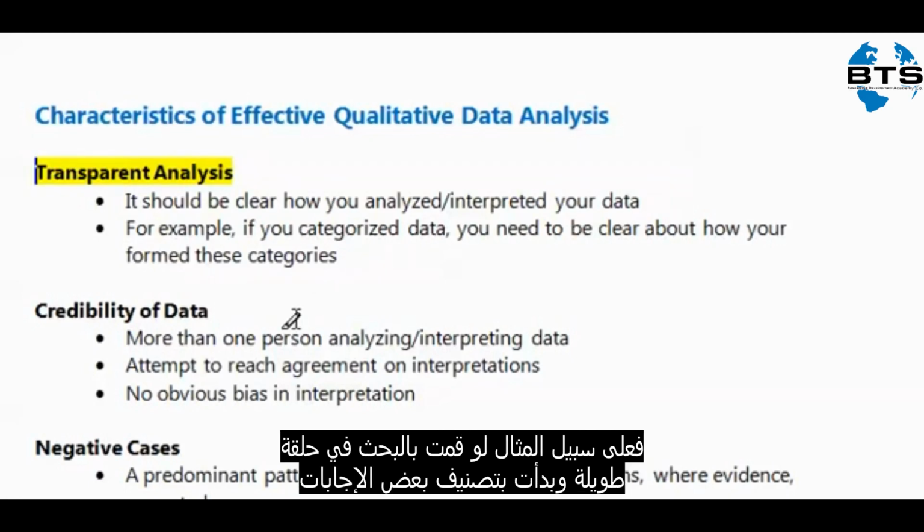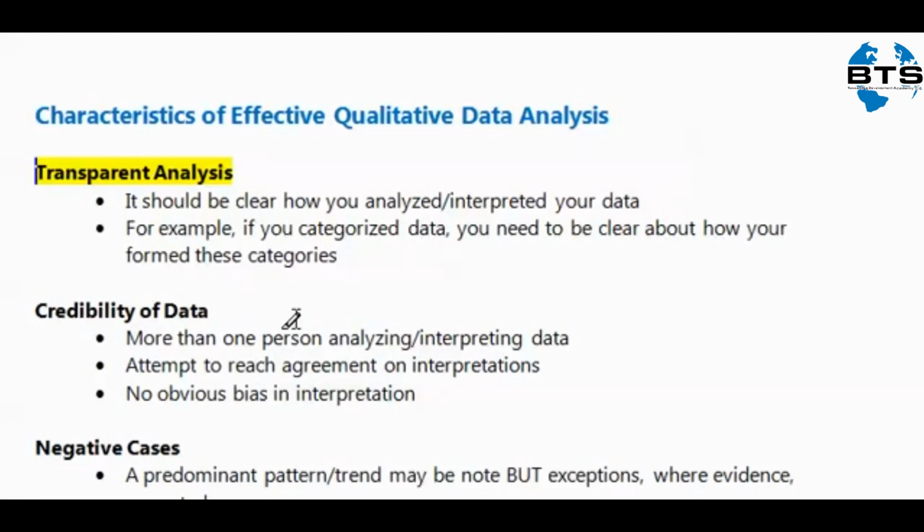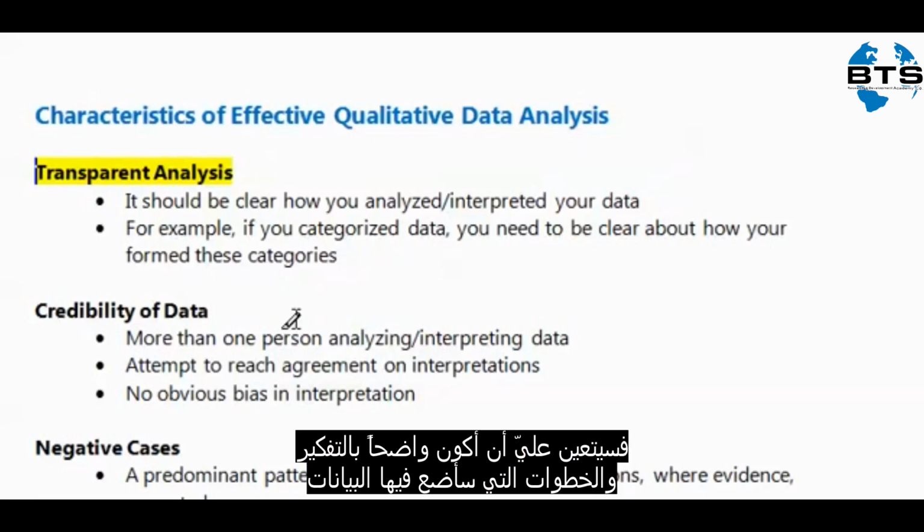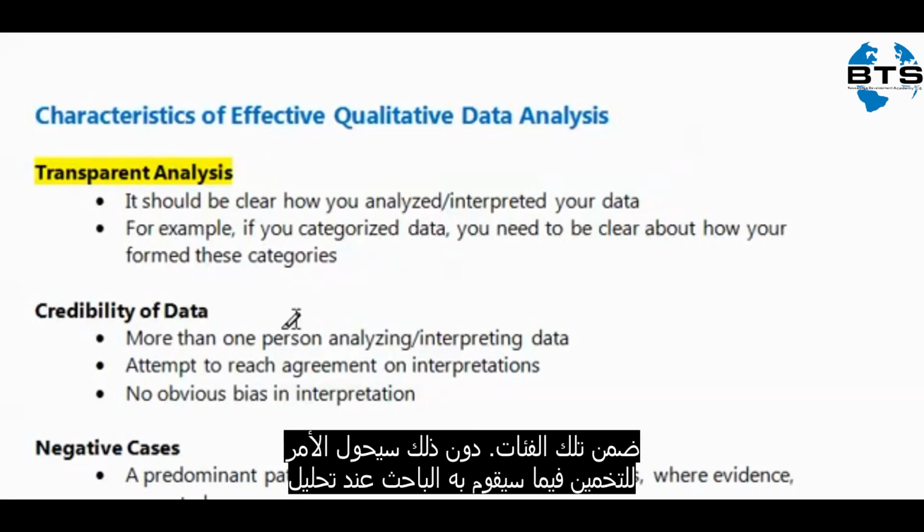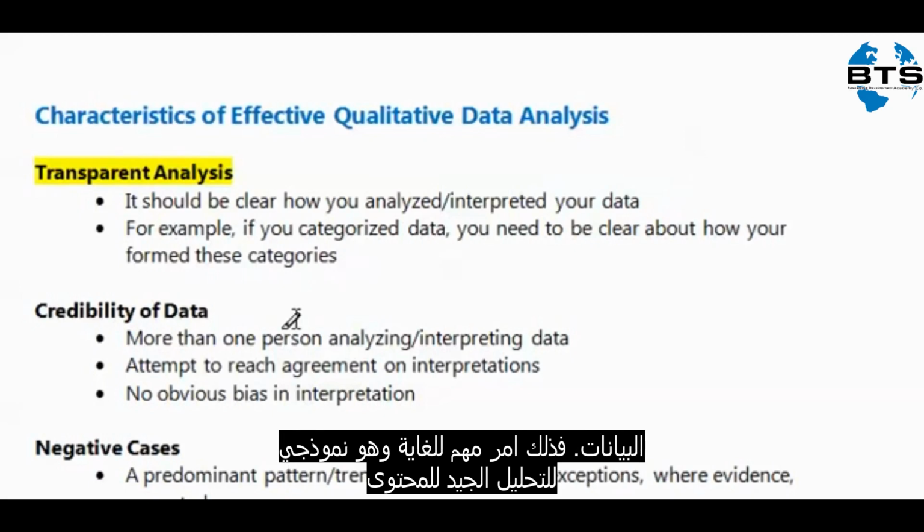So for example, if I took a look at a long transcript and started to categorize certain responses, then I need to be clear of my thinking and steps to actually putting the data in certain categories. Without that, we're left to sort of guess at what the researcher was doing when they were analyzing the data. So that's pretty important, and it's typical for a good content analysis.